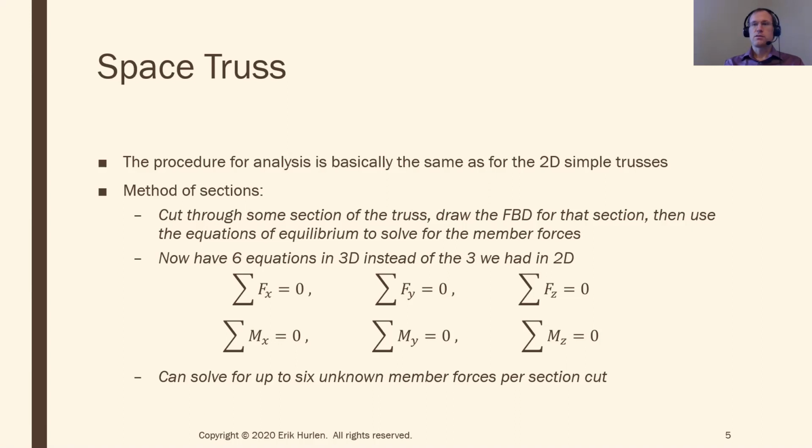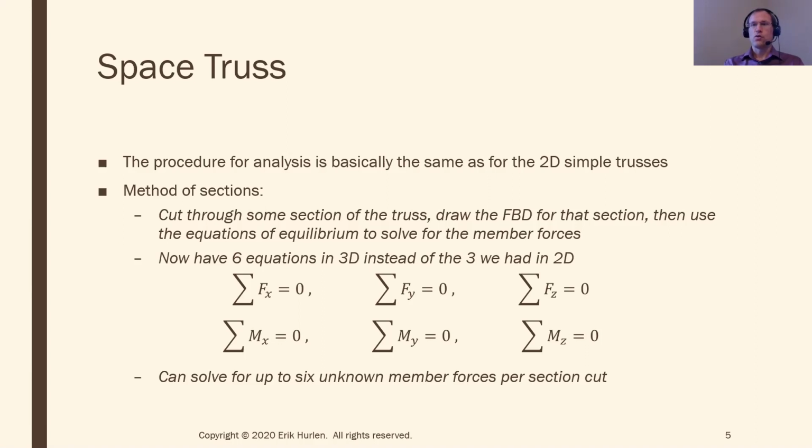And so in this case, 3-dimensional rigid body equilibrium, I have 6 equations of equilibrium, all my 3 force equations, x, y, and z, adding up to 0, in addition to moments, moment in the x direction, moment in the y direction, and moment in the z direction, all adding up to 0 as well. And again, those can be taken at any point I want. So 6 total equations of equilibrium in this case. So I can actually solve for up to 6 unknowns per section cut.